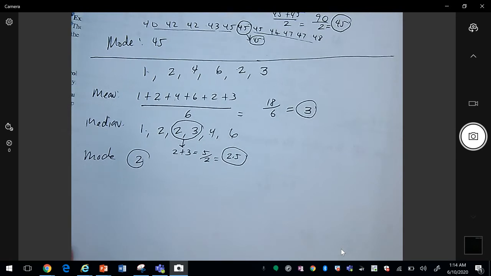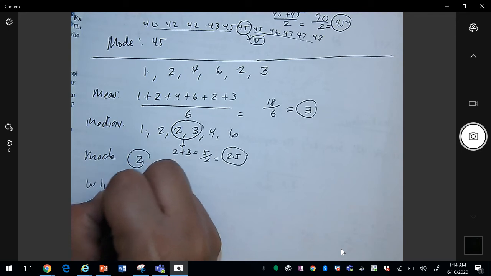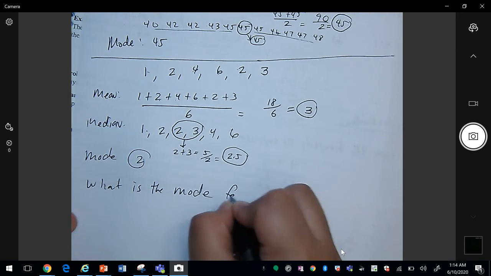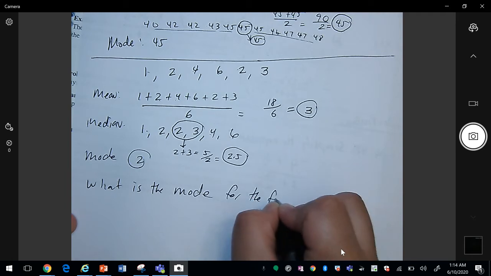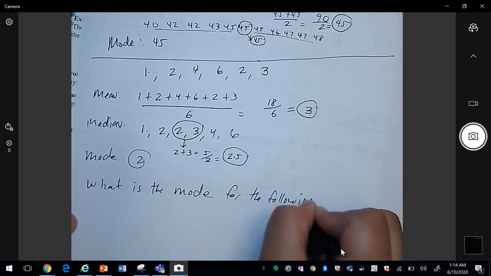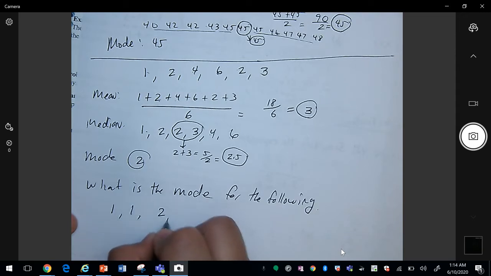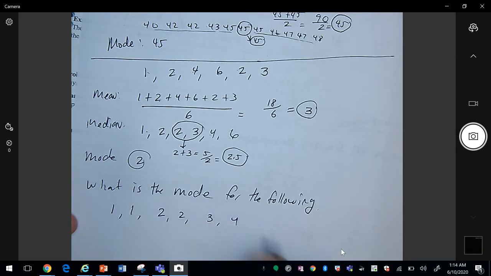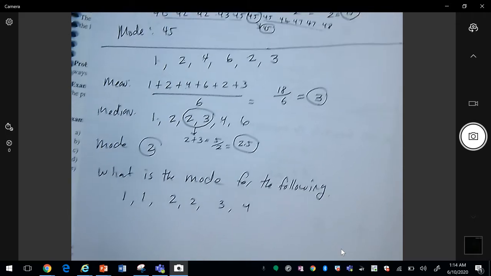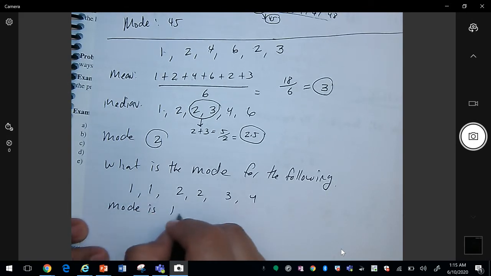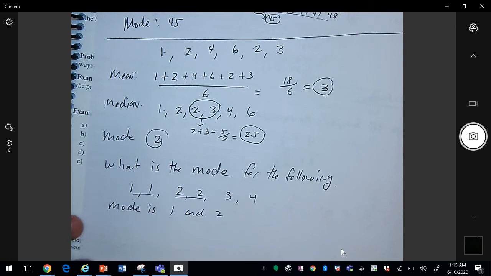Let me give you one more. What is the mode for the following set? The mode here would be 1 and 2 because they both appear the same amount of times.